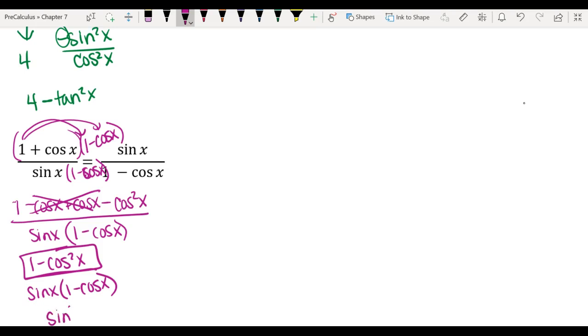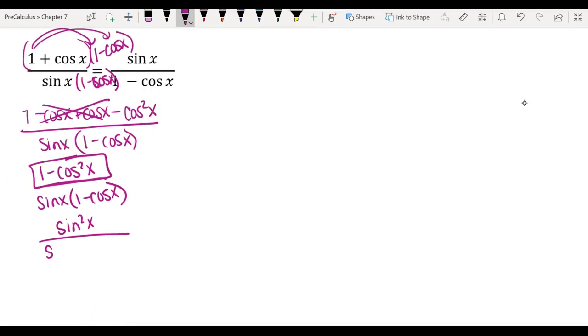So we have sine squared of x over sine of x, 1 minus cosine of x. What happens if you have two sines on top and one on bottom? Bottom cancels, one on top cancels. So you're left with one on top and your bottom, which is what you wanted to get to, right?